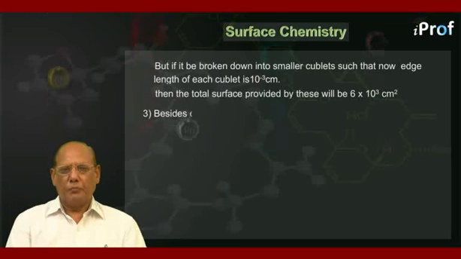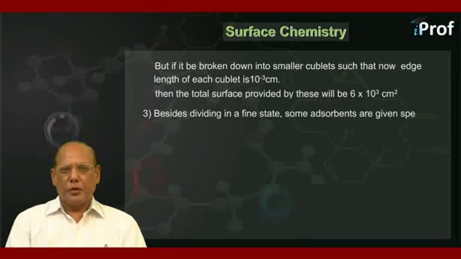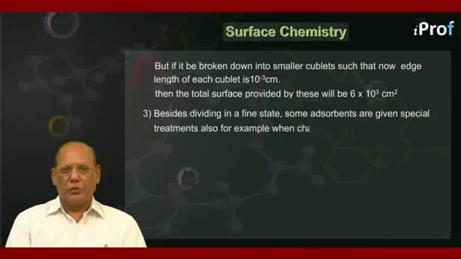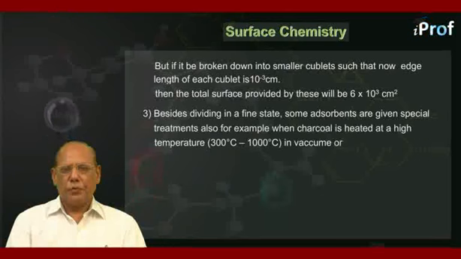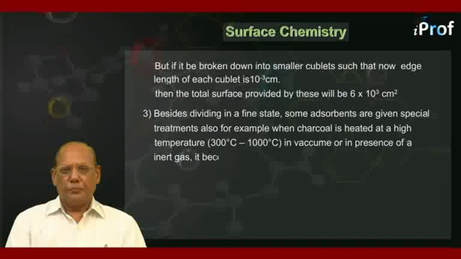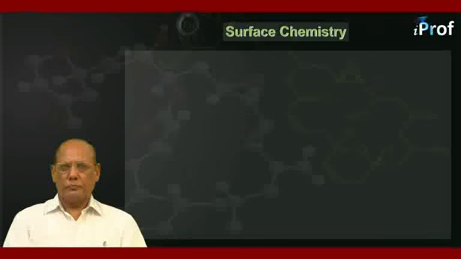Number 3, besides dividing in a fine state, some adsorbents are given special treatments also. For example, when charcoal is heated at a higher temperature, that is from 300 degrees Celsius to 1000 degrees Celsius, in vacuum or in presence of an inert gas, it becomes activated charcoal.